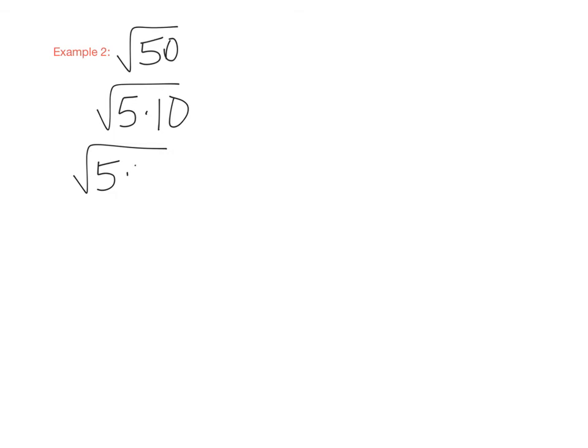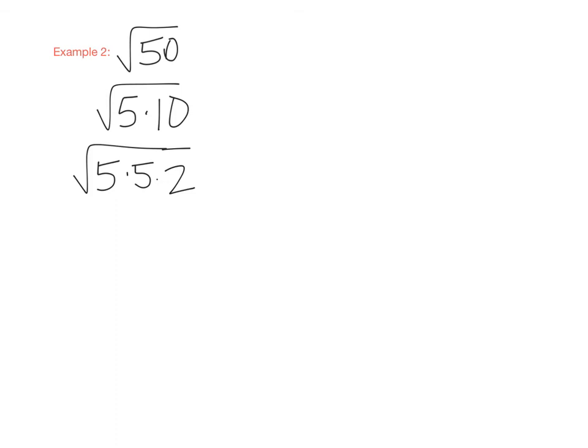Now let's try the example square root of 50. Let's break down this square root of 50 into 5 and 10. And then let's try to break this down even more into 5 times 5 times 2.